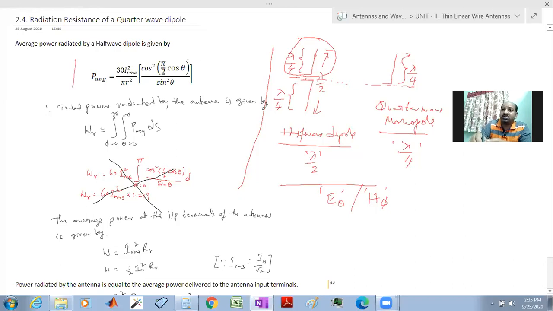You can consider the average power to be the same. The only thing is it is half, and the only difference is in the radiation pattern also.